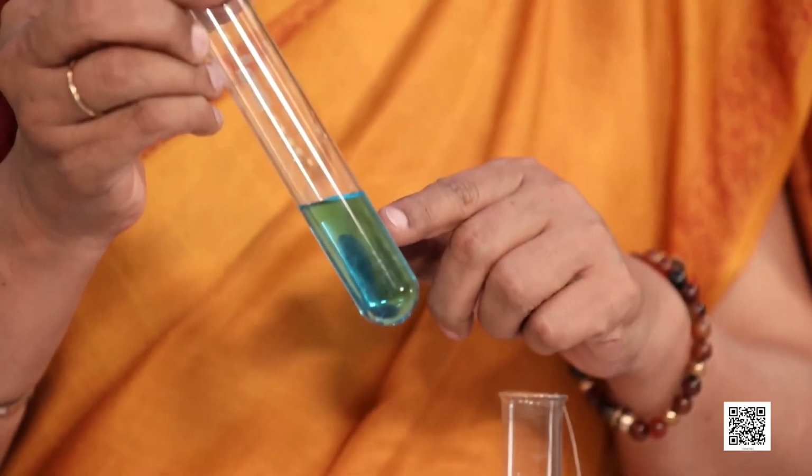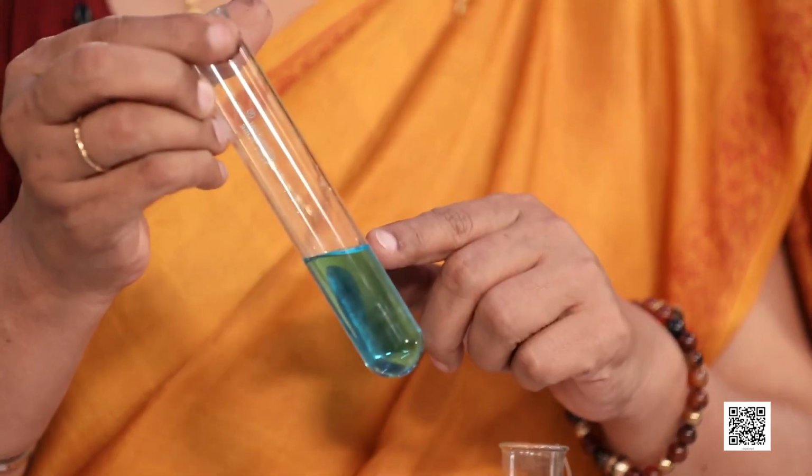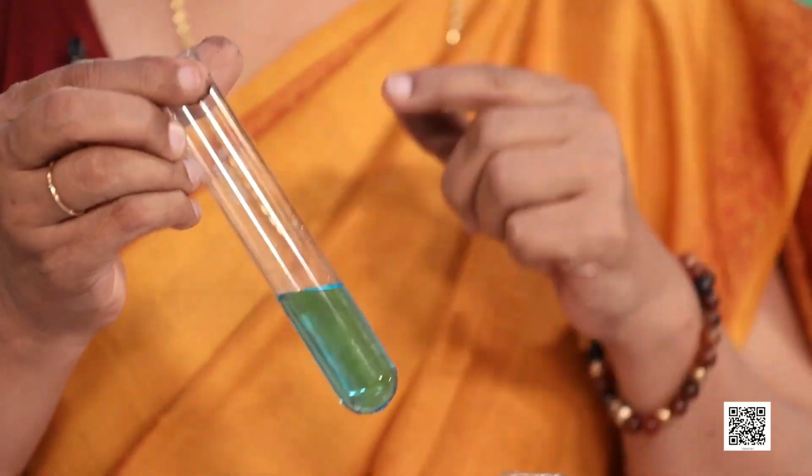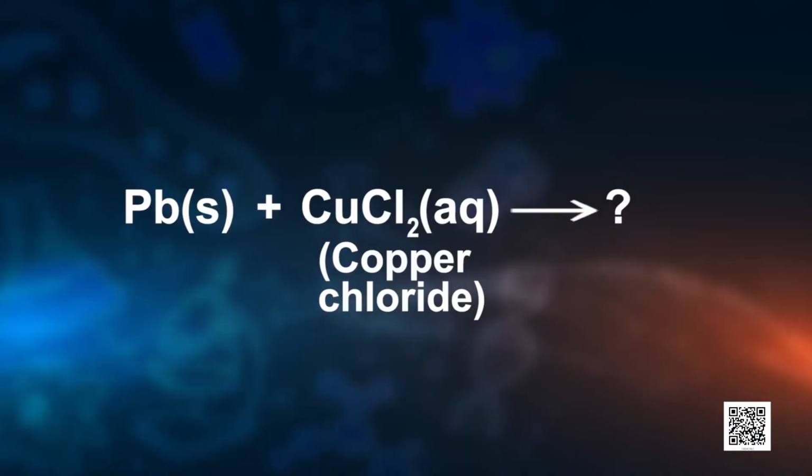Now I have another interesting task for you. Put on your thinking caps and tell me what would happen if instead of this copper sulfate solution, you take copper chloride solution and add lead metal in it. Will lead metal displace copper from copper chloride solution?